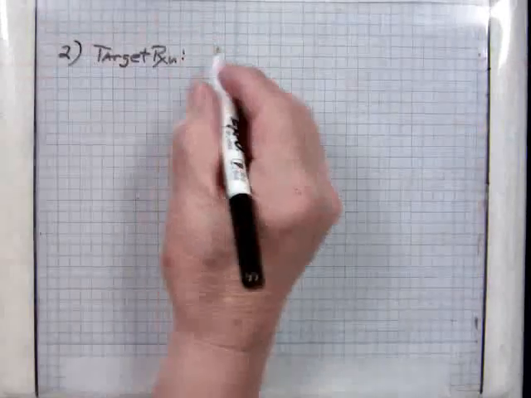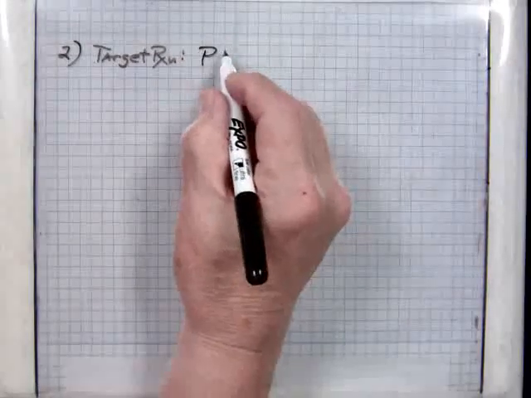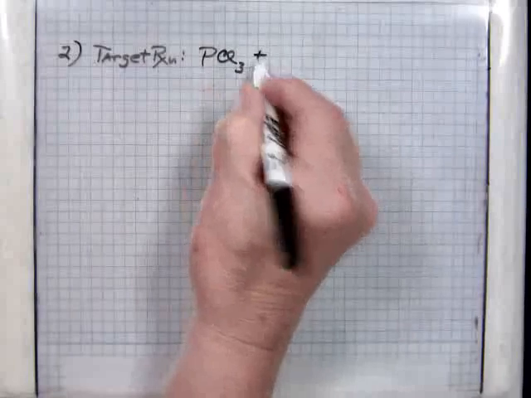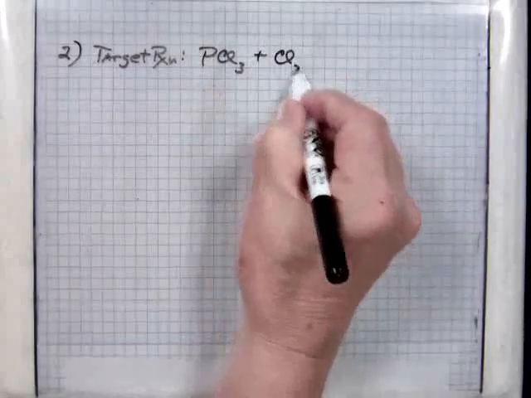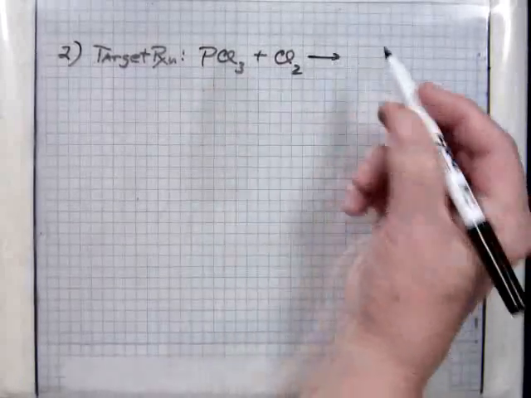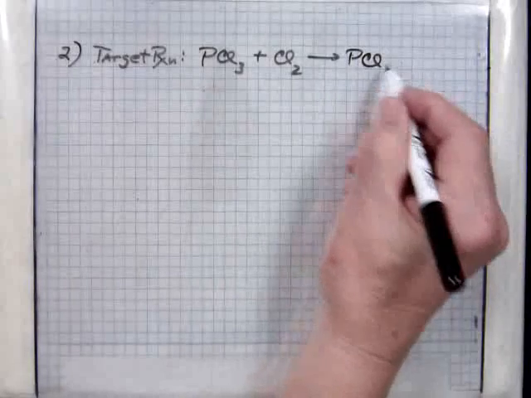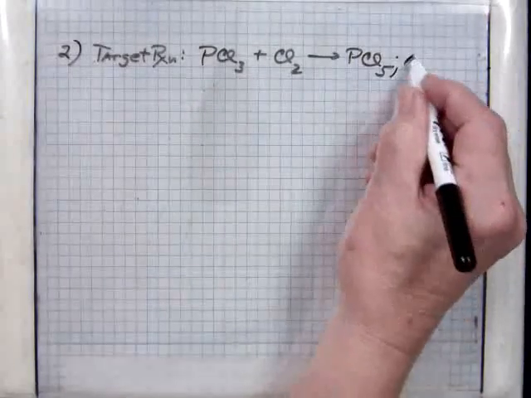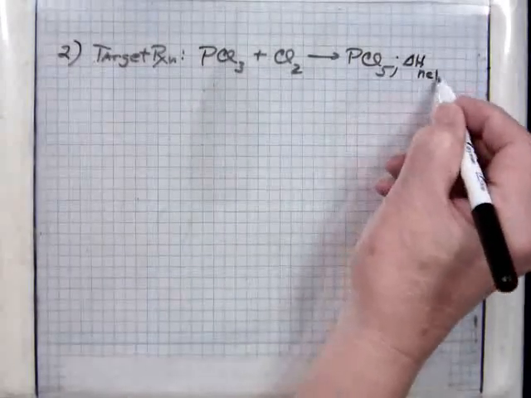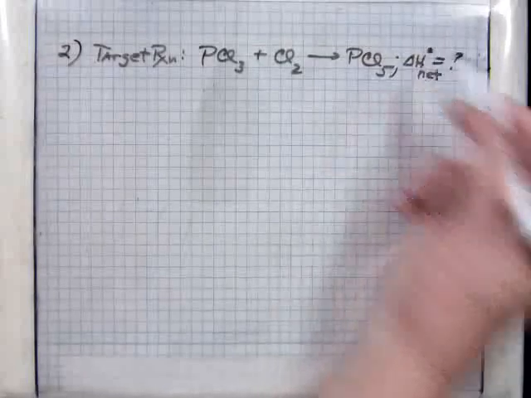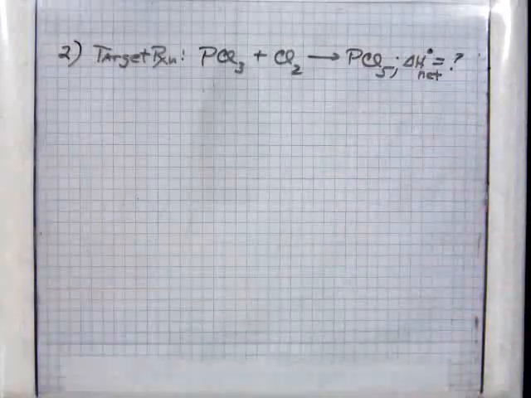And so we're given phosphorus trichloride plus Cl2 going to phosphorus pentachloride, and obviously we're looking for the net energy change.